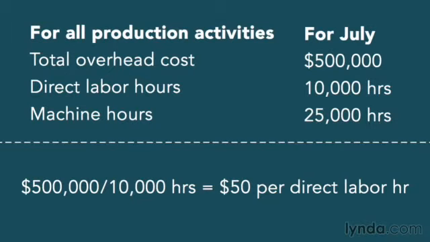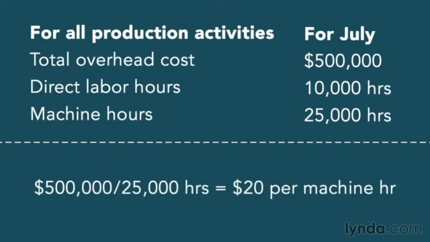You tell me how many direct labor hours the workers are going to work on a certain project, and I'll tell you how much overhead should be assigned to that project. Or maybe we'll say, no, machine hours is the right way to do it. Last month, we had $500,000 of overhead, and we used our machines a total of 25,000 hours. The more you use the machines, the more they're going to break down, the more maintenance work is going to have to happen, the more the supervisor's going to have to come over, the more electricity you're using.